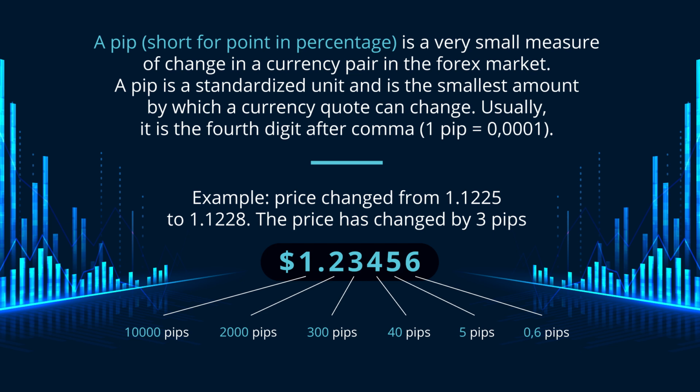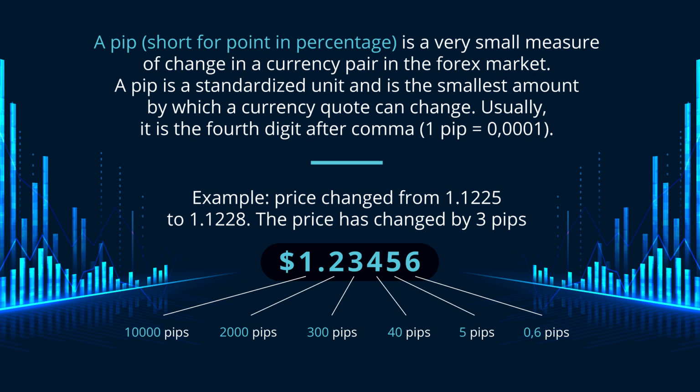That's why even a little change by 1 pip, by 0.0001, when the price changes by this little measure, that can bring a profit or a loss to the client, because large volumes are bought and sold in the Forex market.